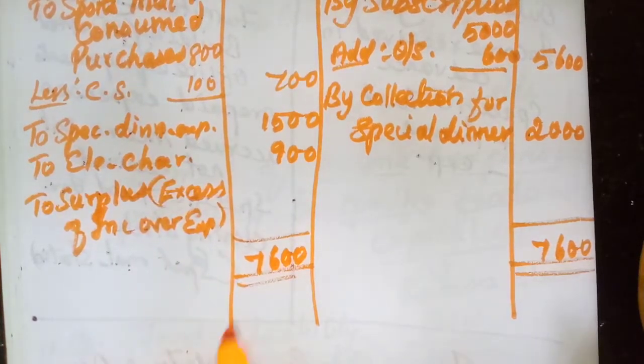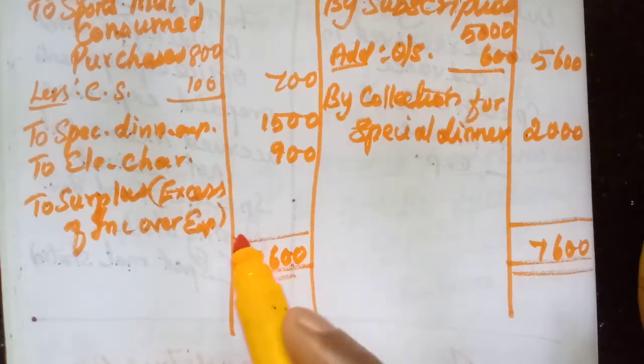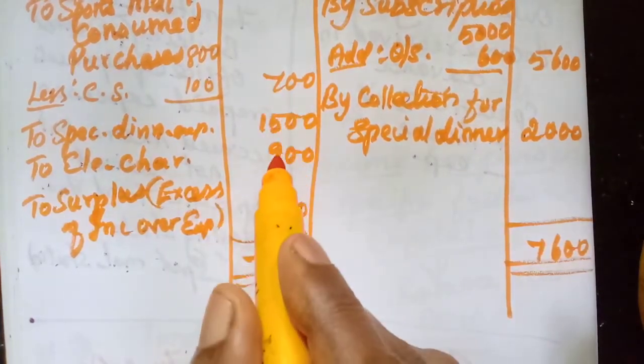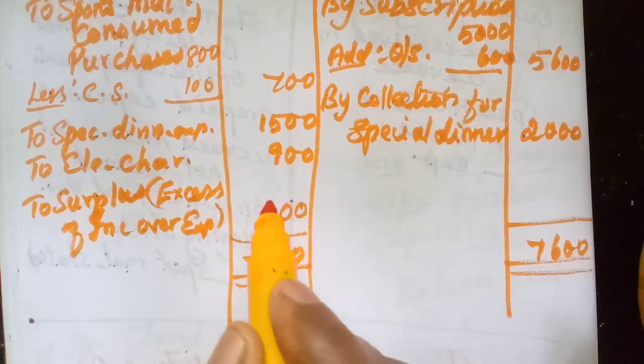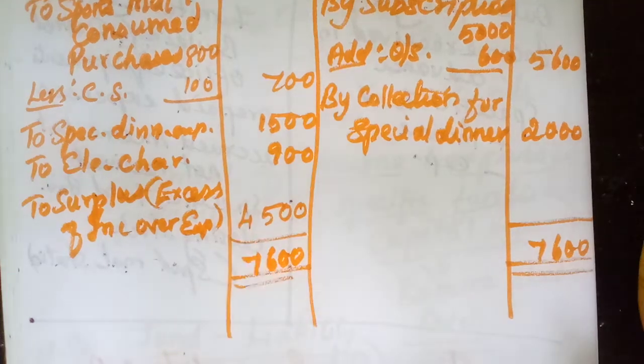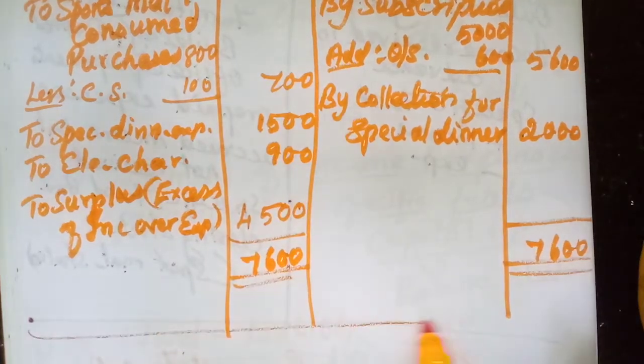Okay, write fully. Now you add and write. 7 plus 5, 12, 21, 21 plus 5, 26, balance 2, 1, 3, 3 plus 4, 7. So 4,500 is the surplus.